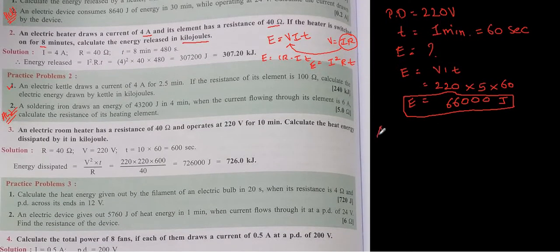Here, answer practice problem 2, and the first sum I am going to do. An electric kettle draws a current of 4 ampere for 2.5 minutes. So my current in ampere is given. I will write I is equal to 4 ampere, for what time?